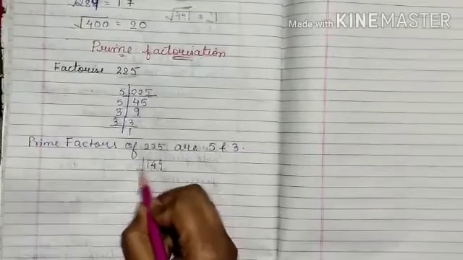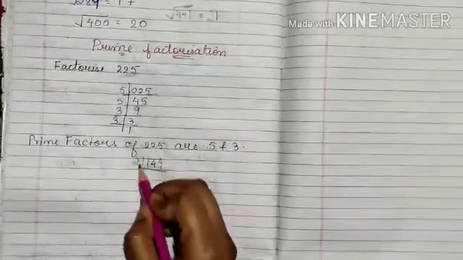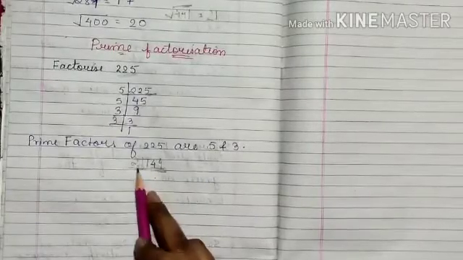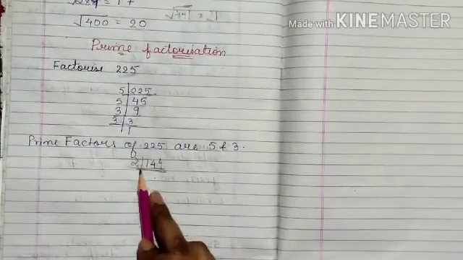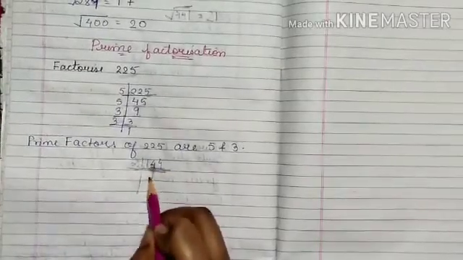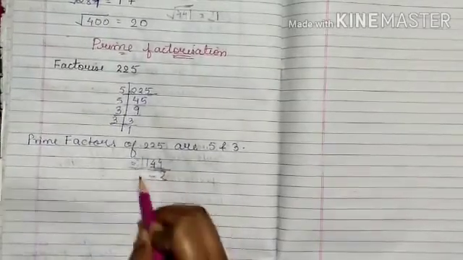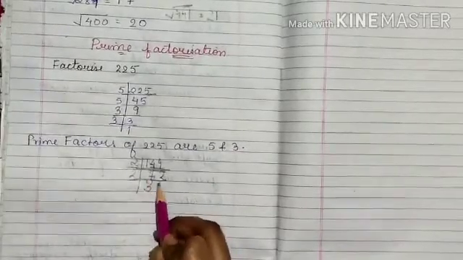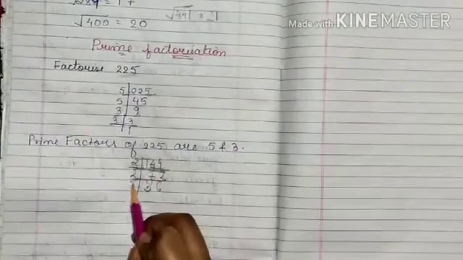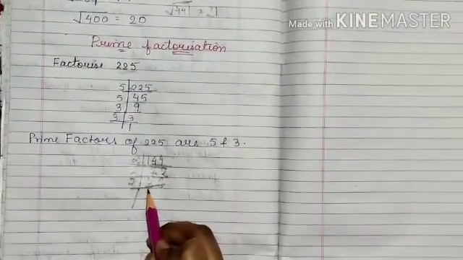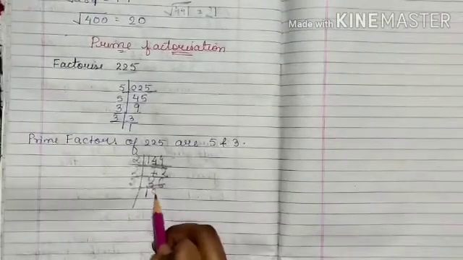144. First 2, the smallest prime number. 144 divided by 2 is 72. Then 2 again, it will be 36. Then 2, it will be 18.